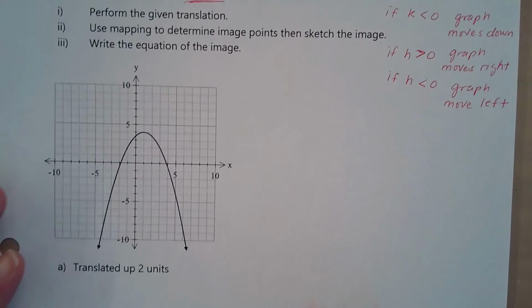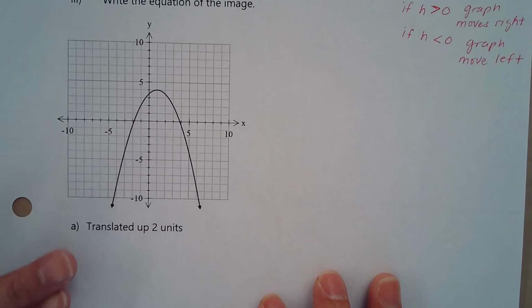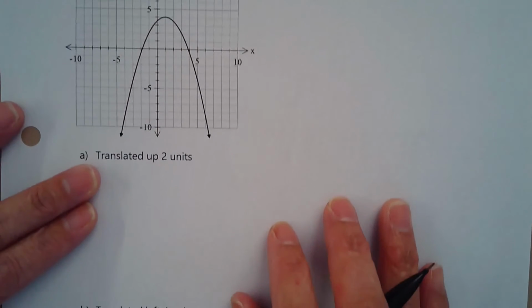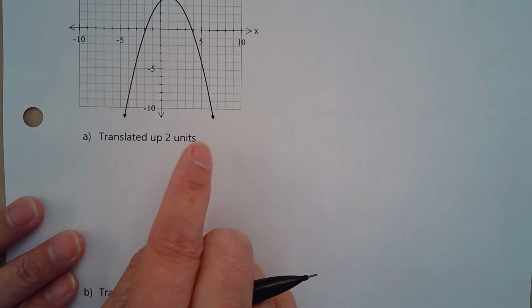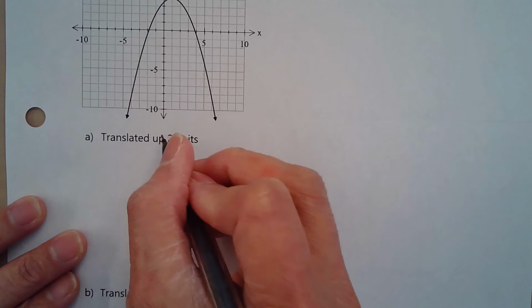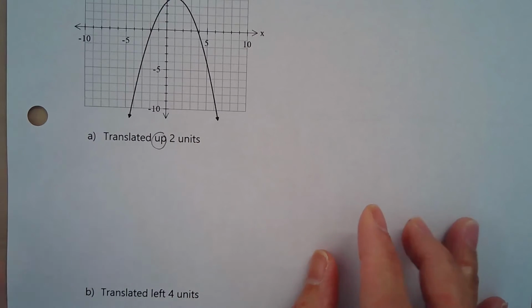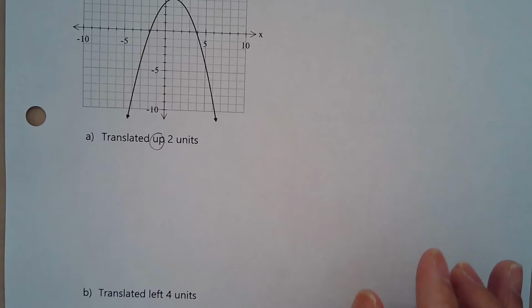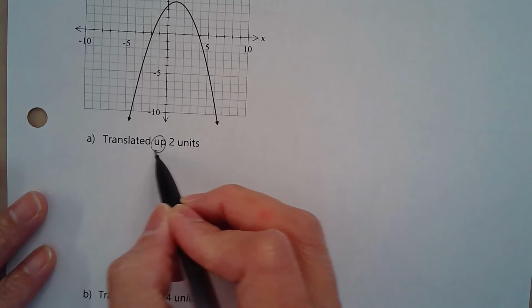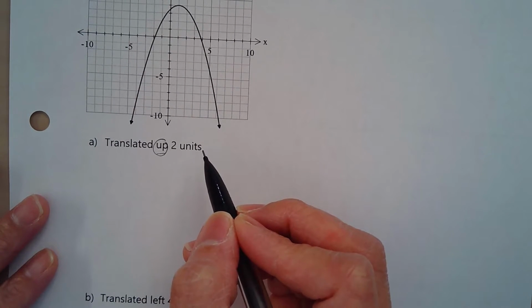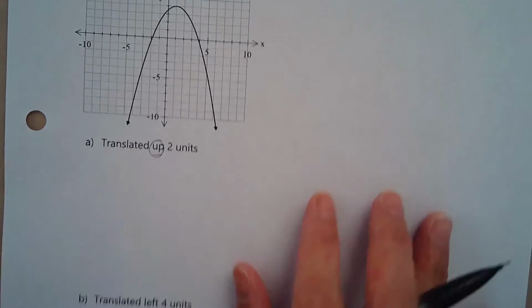So here, this is our original. So it says here, translated up 2 units. Up, that tells us it's a vertical translation, up and down, right? Because it's up, it's a vertical translation. Which one is that?